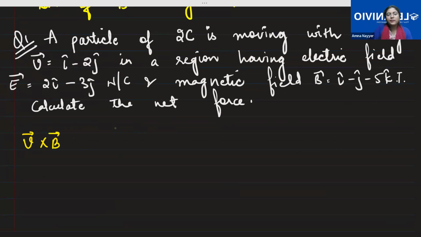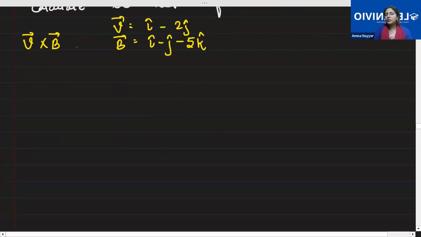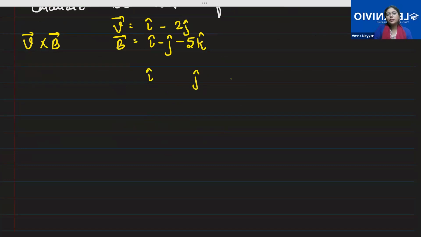Velocity is i cap minus 2 j cap, and the magnetic field is i cap minus j cap minus 5 k cap. When we take the cross product v cross B, we put i cap, j cap, k cap like this and then write the coefficients of each.